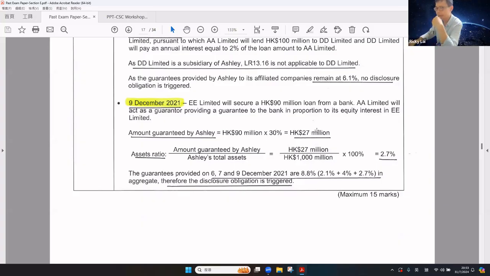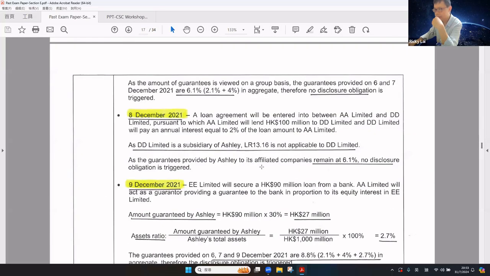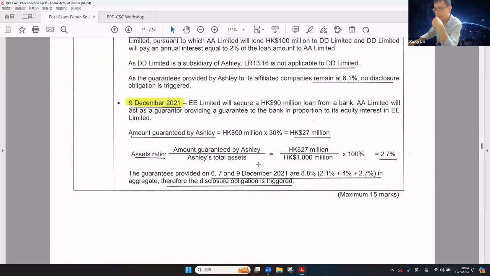And after we calculate the asset ratio, that is 2.7%. As I mentioned before, from the analysis B, C, and E are associate companies, that is, affiliate companies under the listing rule. So that's the reason why 2.1% plus 4% plus 2.7% is 8.8%, which is 8% or more. Therefore, the disclosure obligation is triggered.